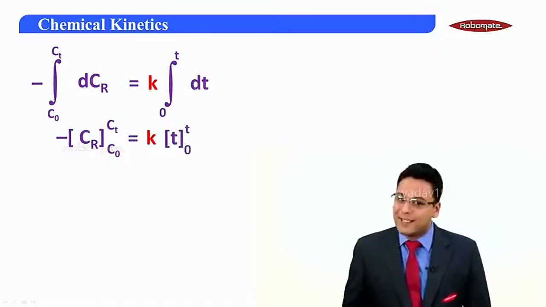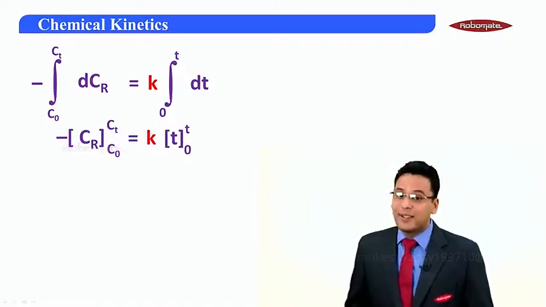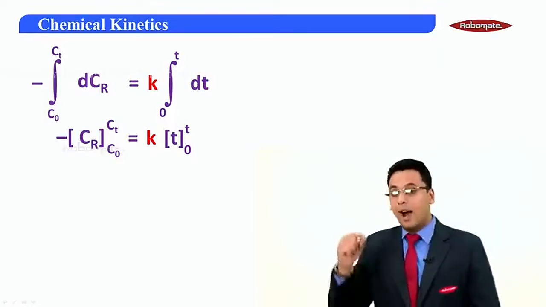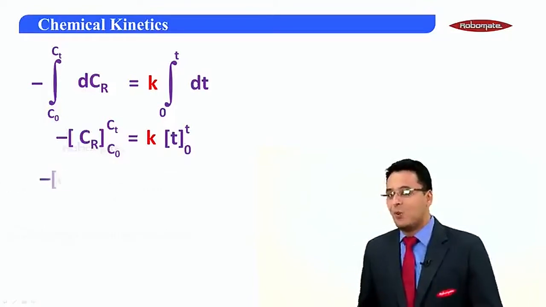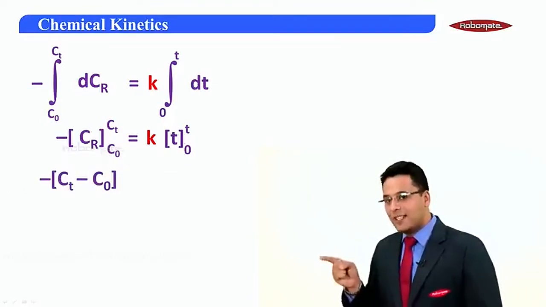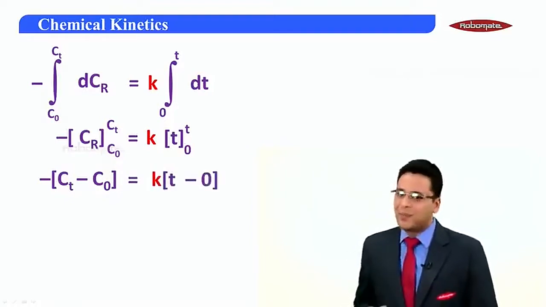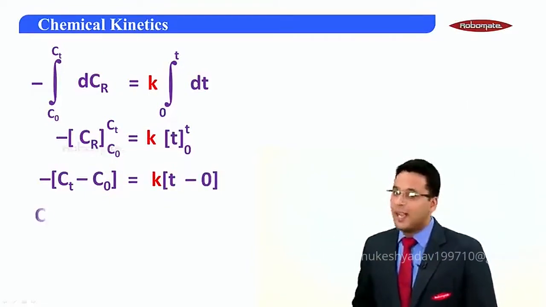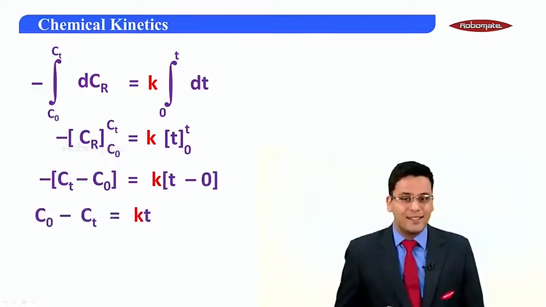So after applying integration, let us now apply the limits, that is the upper limit minus lower limit. We will get minus of Ct minus C0 is equal to k into t minus 0. Open the bracket on the left hand side and you will get C0 minus Ct is equal to kt.